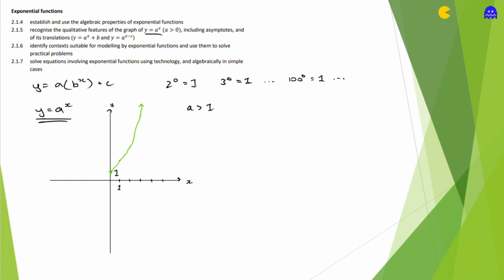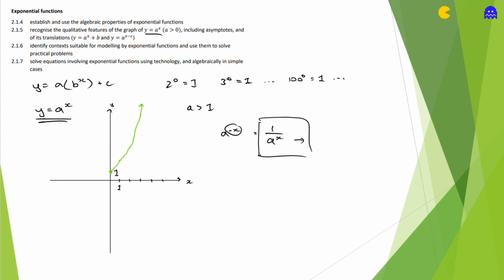And as we go in the negative direction, if we remember our index laws, we become a smaller and smaller number as a to the x tends towards a larger and larger number. Because the exponent is negative, we have a fraction, 1 divided by a steadily larger and larger number.